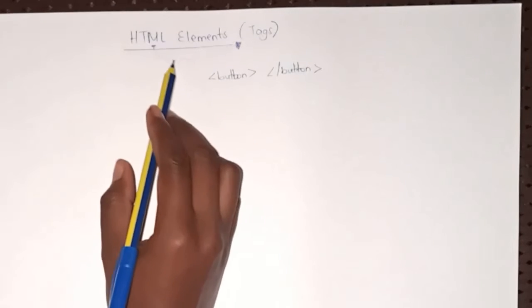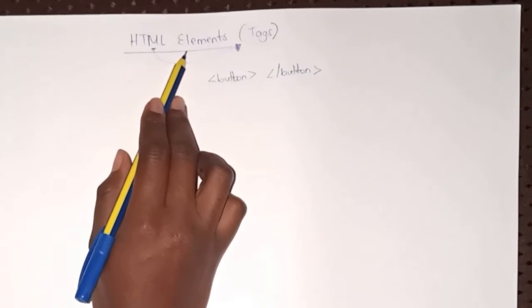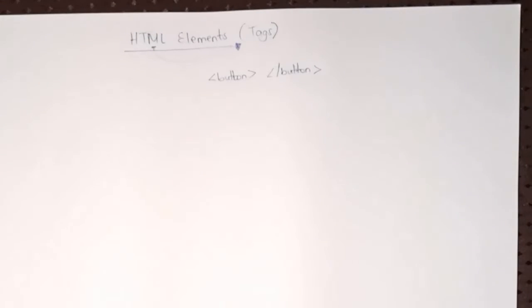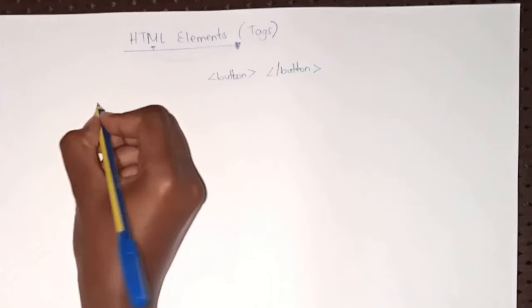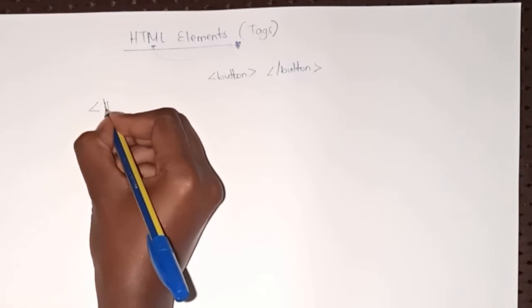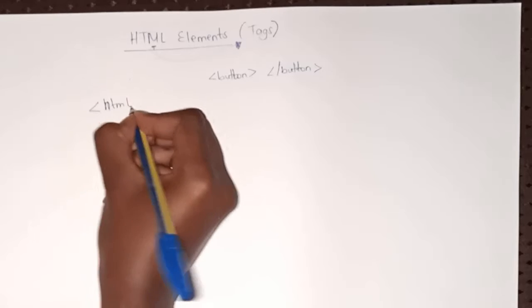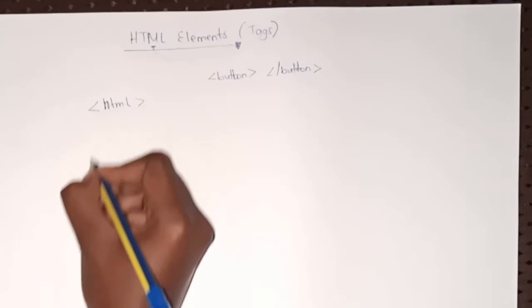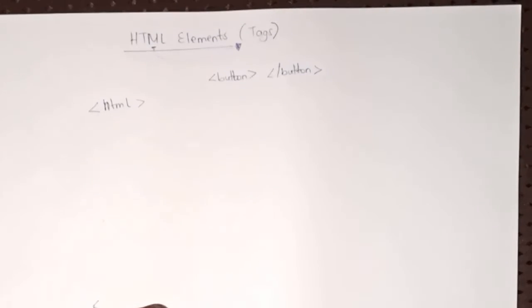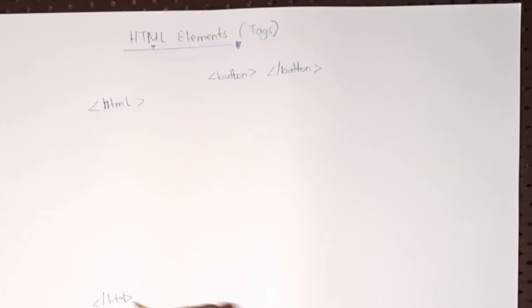Now when we're talking about elements in HTML, that's basically how the code is written, because we start with the tag html, which should be in small letters.